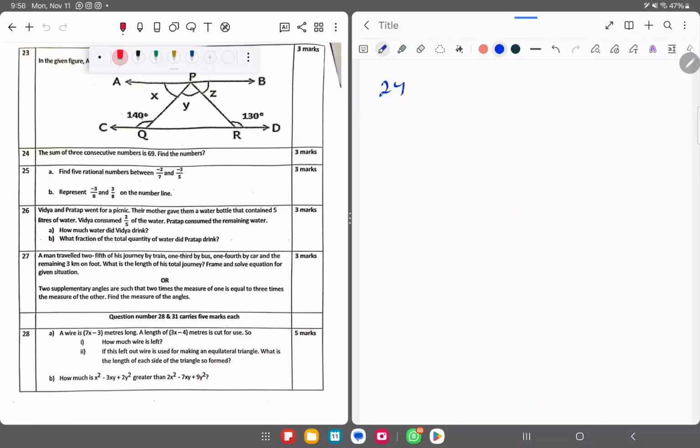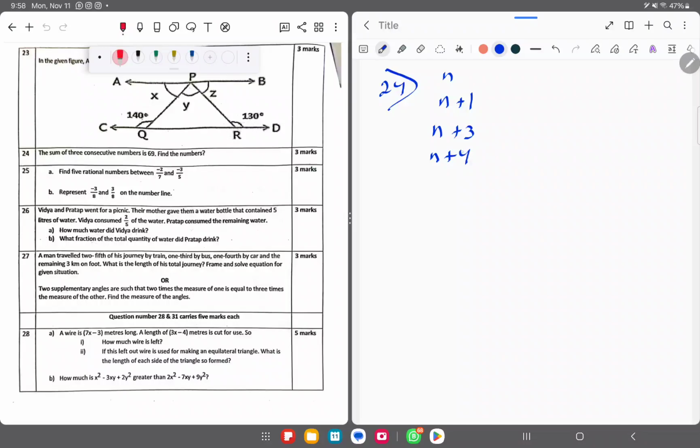The sum of the consecutive numbers is 69. Find the numbers. Consecutive numbers. First of all, what are 3 consecutive numbers? If I start with n, then n plus 1, n plus 2.